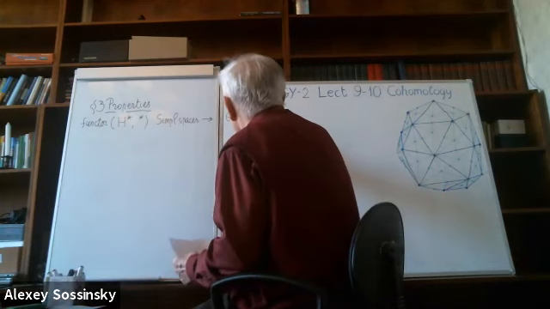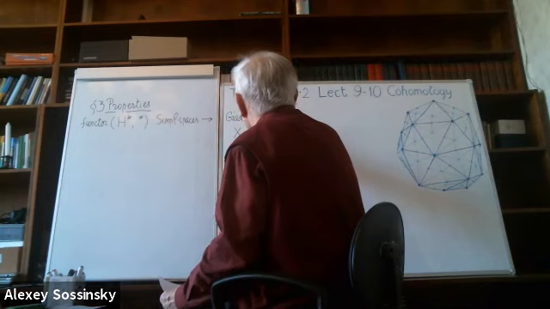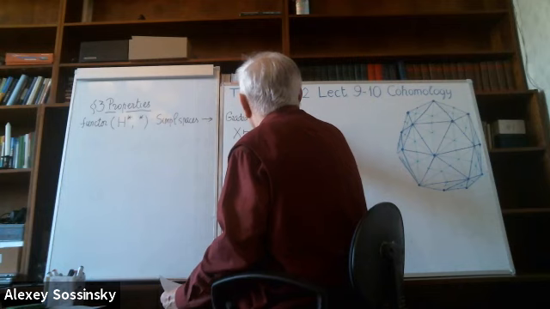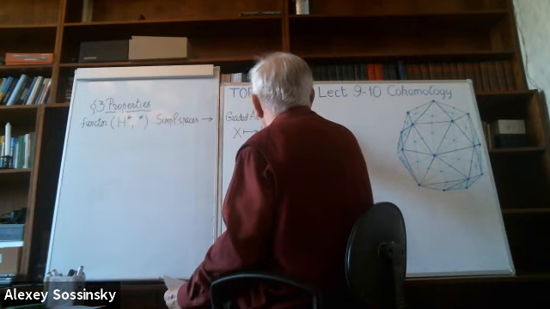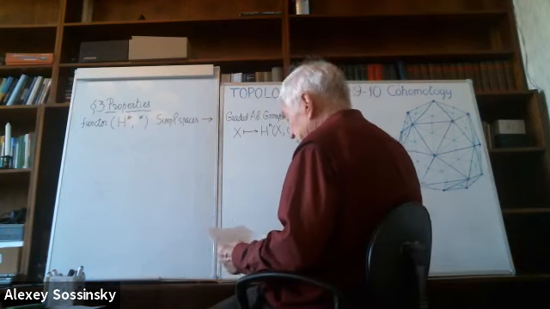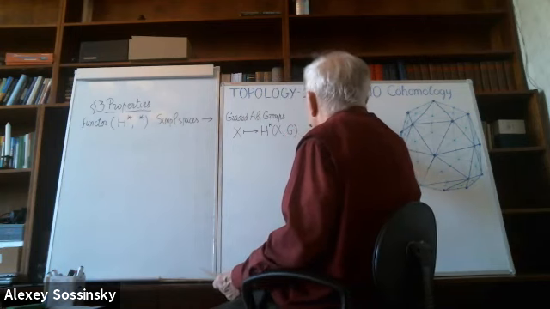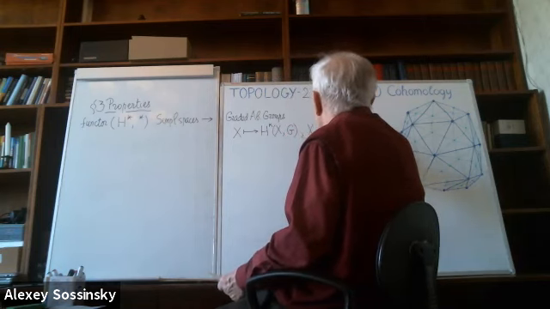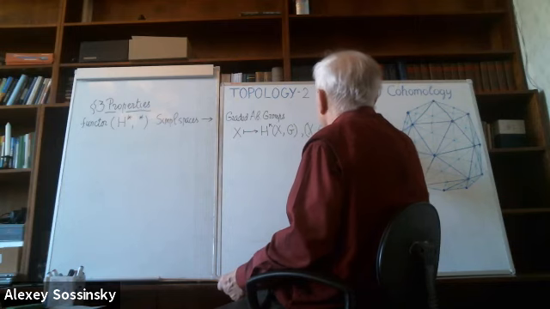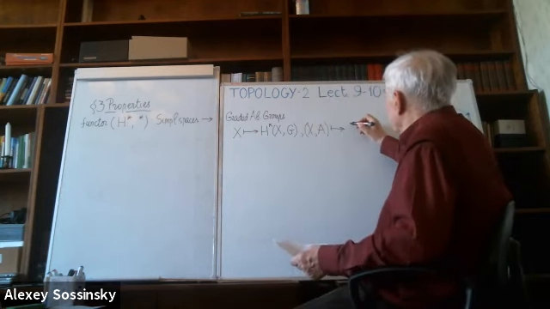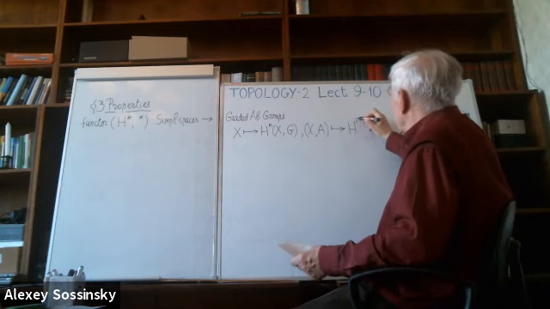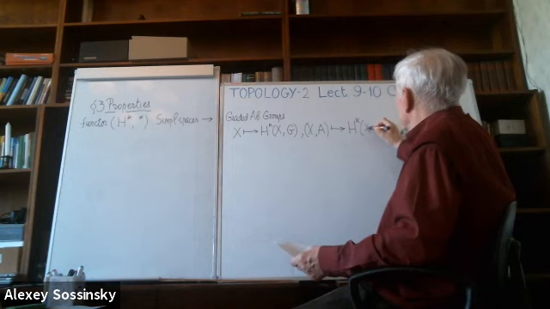First of all, to every space X, it assigns a group H K X G. Now, to every pair of spaces X A, it assigns a group called the relative cohomology group H K X A G.